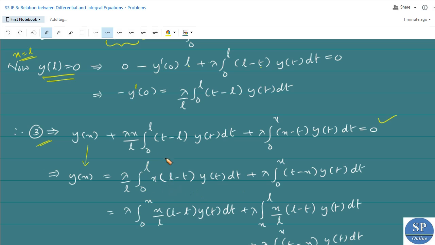So this is equal to lambda into the integral. We are going to split this integral.